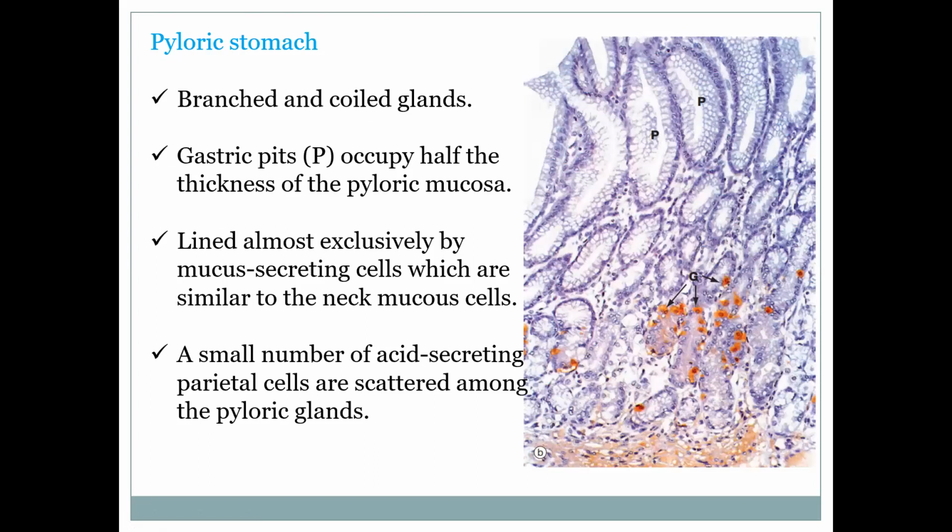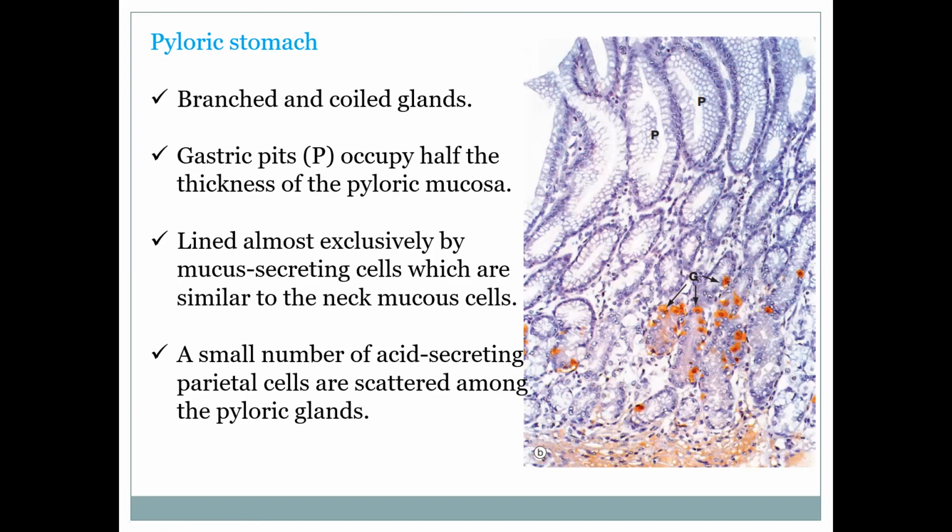When we talk about the pyloric stomach, it has branched and coiled glands. The gastric pits of these glands occupy half the thickness of the pyloric mucosa.